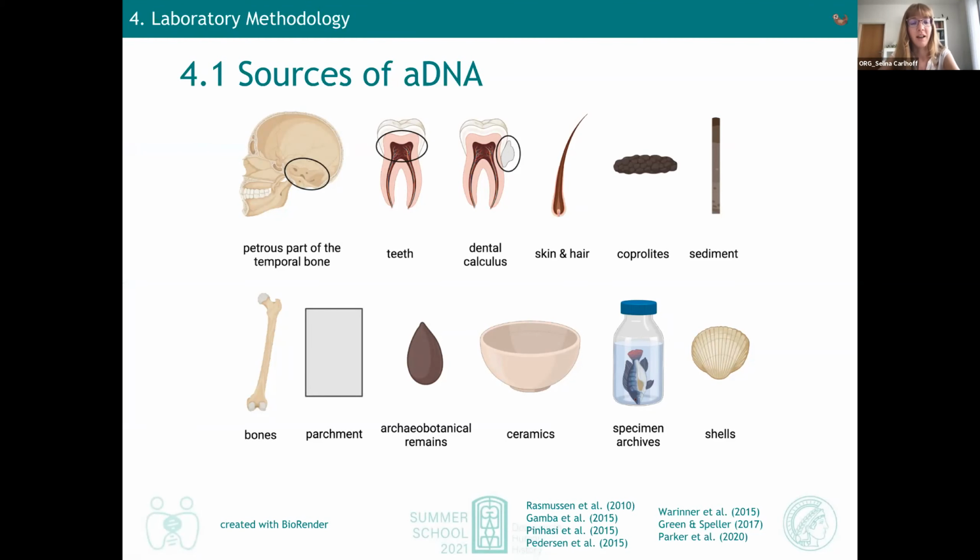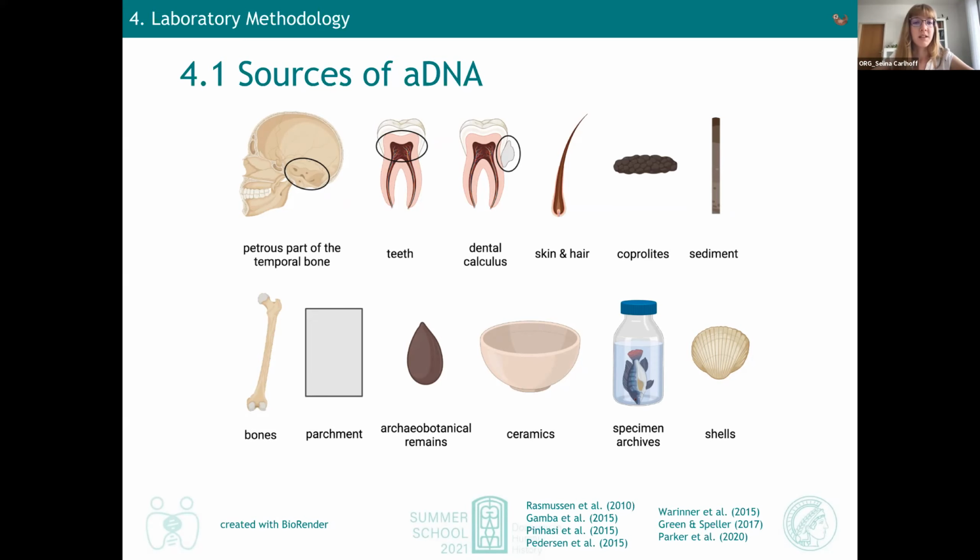Before we go, of course, into the lab, we have to find and think about the potential sources where we could extract or try to extract ancient DNA from. And I've listed the most common ones here, and particularly the petrous part of the temporal bone. For studies of human genetic history, this is really quite the most popular one, and the part of the body where it's been shown that most DNA is preserved.